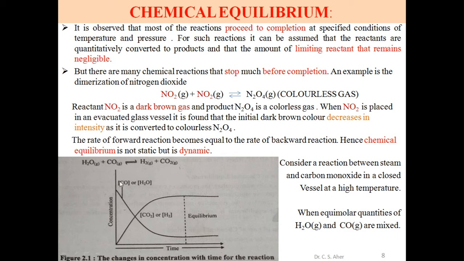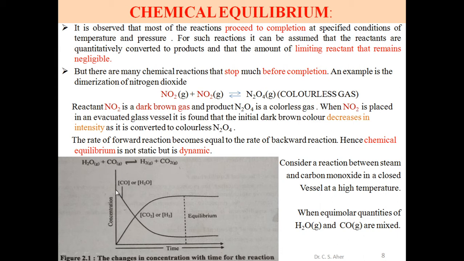So what happens here? This figure shows the change in concentration with time for the reaction. In the vertical direction we have the concentration of reactant and product, and in the horizontal direction we have the time of reaction. Initially only reactants are present, so their concentration, of water and carbon monoxide, is higher.